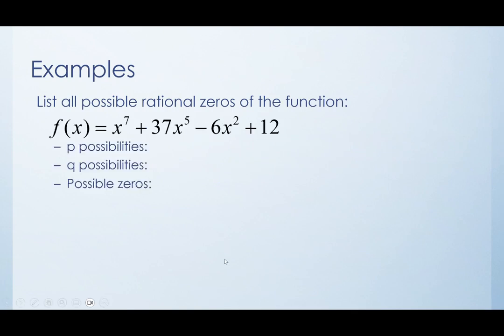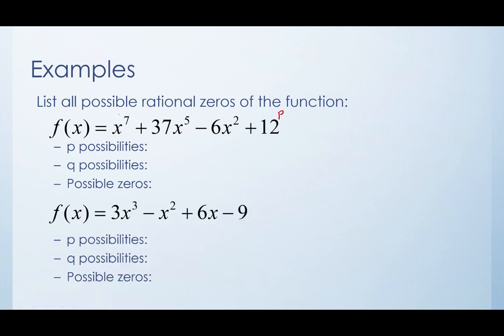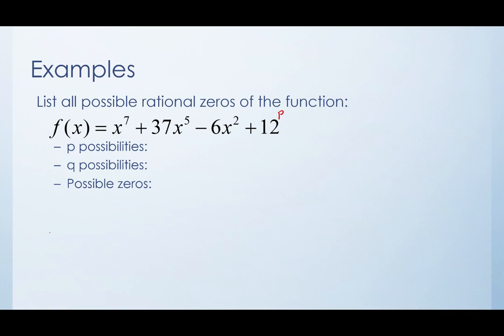So here we've got ourselves a 7th order polynomial. This is our a sub n, this is our a sub 0, and we want to remember that our p is the factors of the constant term, and our q is the factors of the leading term.